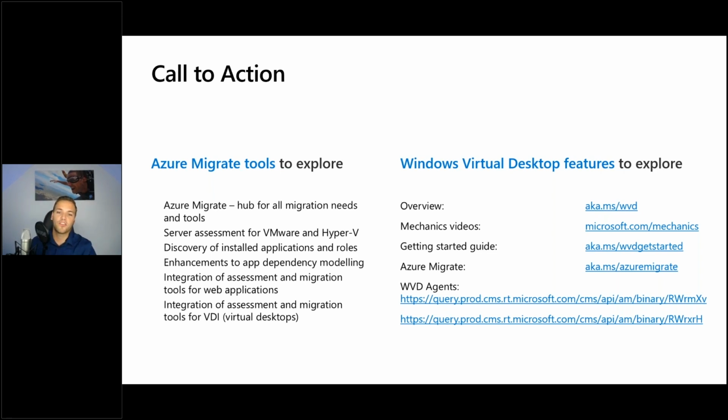Microsoft Mechanics is a free video training course on YouTube that you can use as well to train yourself on WVD. And the Azure Migrate link over here points you to the Azure Migrate documentation. That is very helpful as well to learn more about what Azure Migrate can do for me besides my VDI infrastructure. For example, migrate SQL to SQL as a service as part of Azure, that kind of services. So all part of the digital transformation where we're all in.